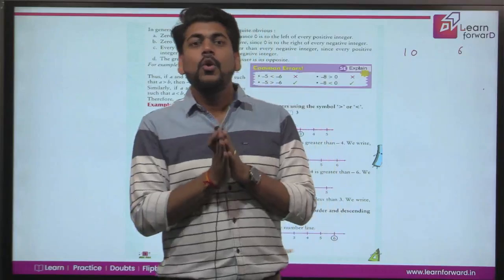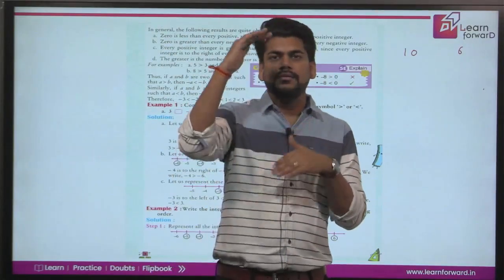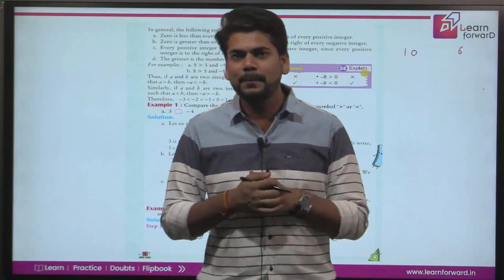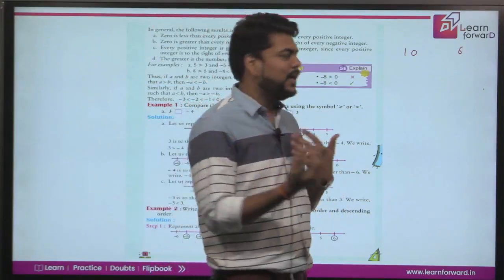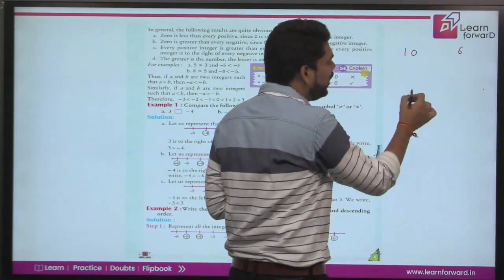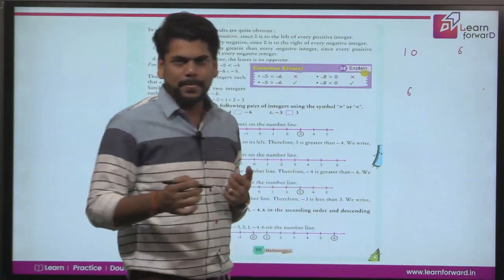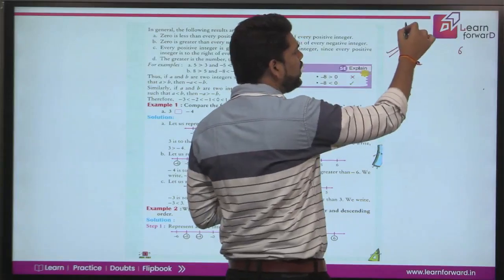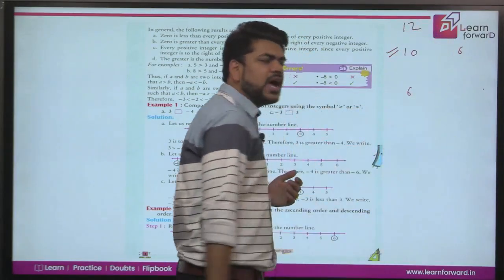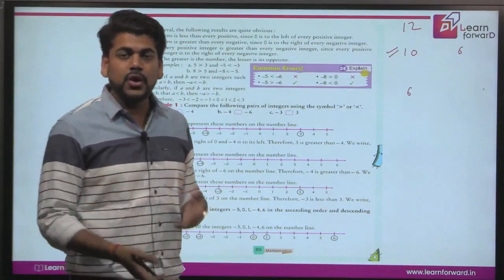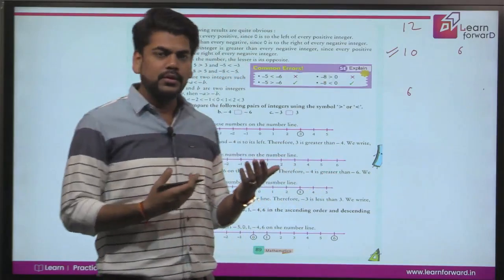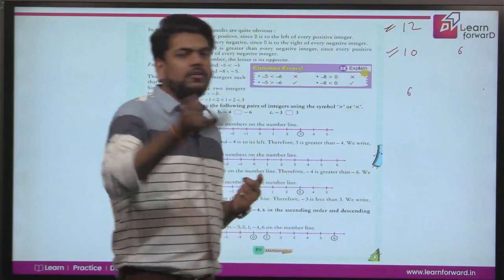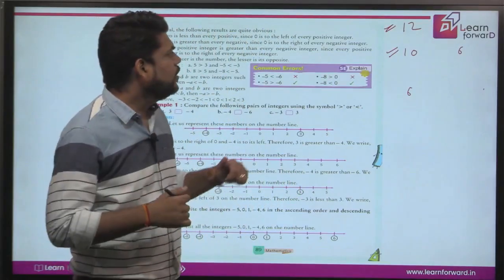If I am on the 10th floor and you are on the 12th floor, whose height will be greater? Yours, because you are on the 12th floor. The floor which is 12th will be of higher height, right?